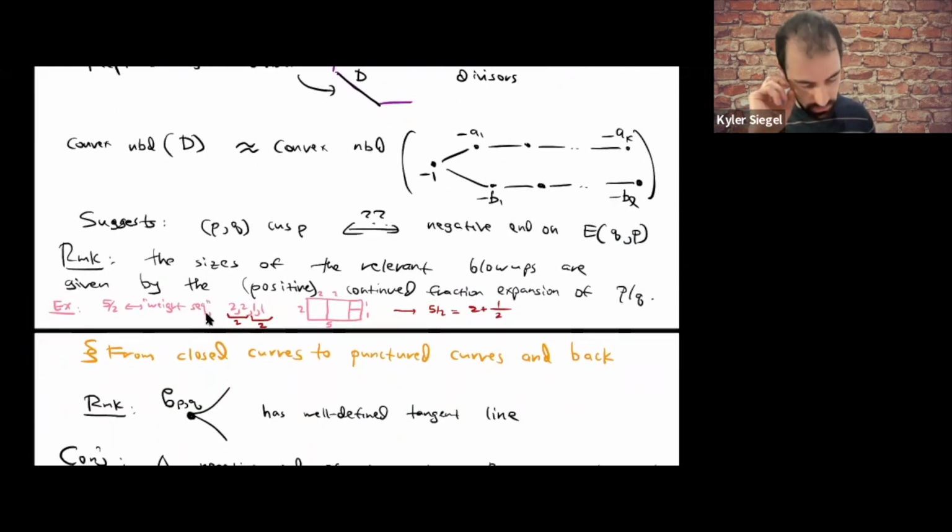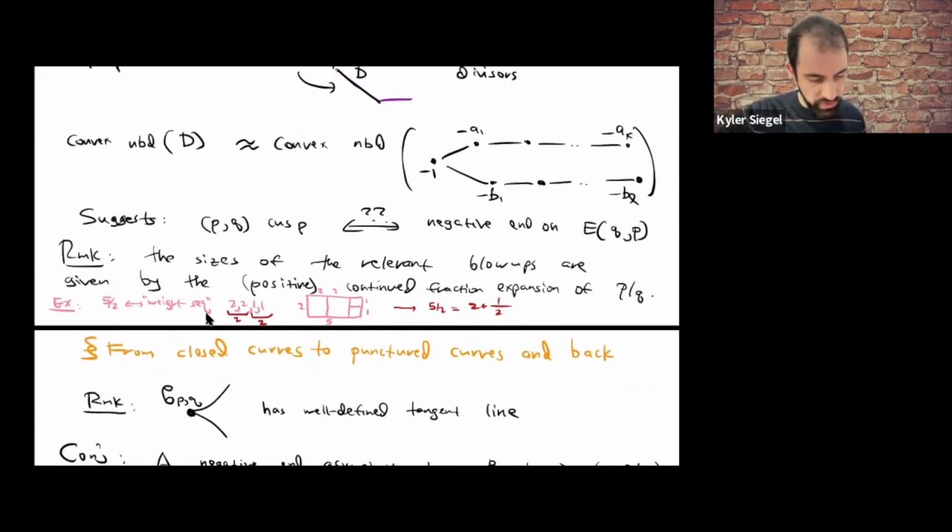As I said, this strongly suggests that the (p,q) cusp is interchangeable with a negative end. It has something to do with removing the (q,p) ellipsoid and then looking at negative ends on that.